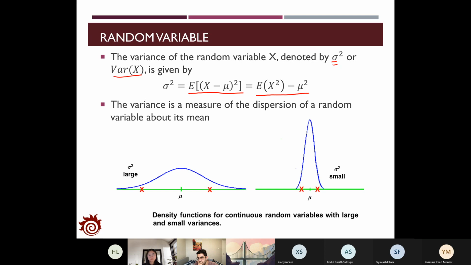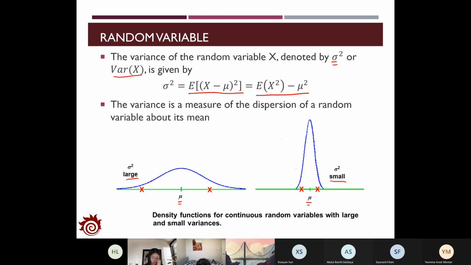And here there are two examples about the variance. These two distributions have the same mean value, both of them mu, but for the figure on the left, the variance is large, and on the right it is small. With that, you can see that the distribution on the left is much flatter compared to the one on the right.